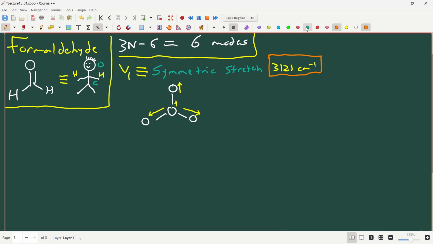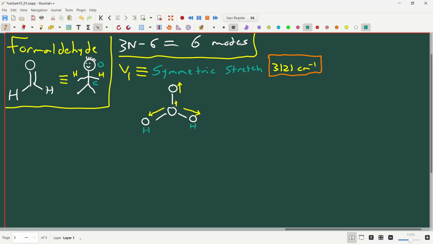The 2 hydrogens displace the furthest. They stretch the furthest, but the important thing is that the whole molecule has to move, because the center of mass has to stay constant in a normal mode of vibration. So when the hydrogens move away from the center of mass, the stuff on the top of the molecule has to compensate for that.